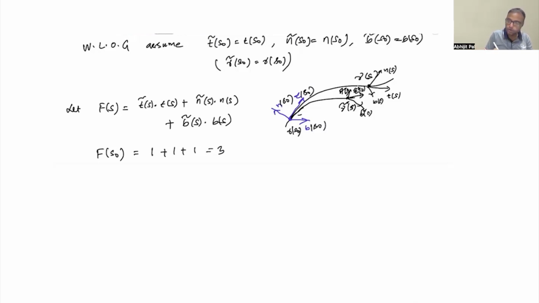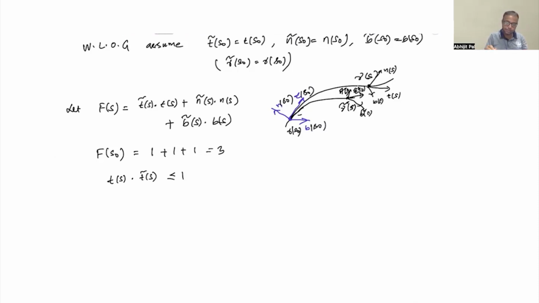Now note that if I take this dot product, this is always less than or equal to 1, because the norm of these two vectors is equal to 1. So a dot b is equal to the norm of a times the norm of b times cos theta, and since both norms are equal to 1, cos theta is always less than or equal to 1.